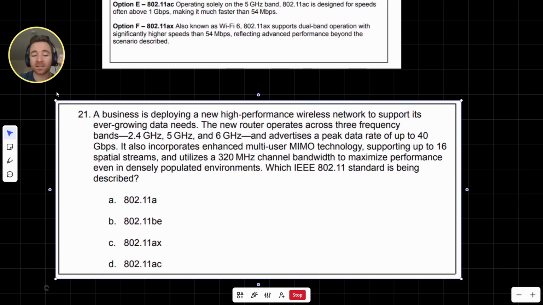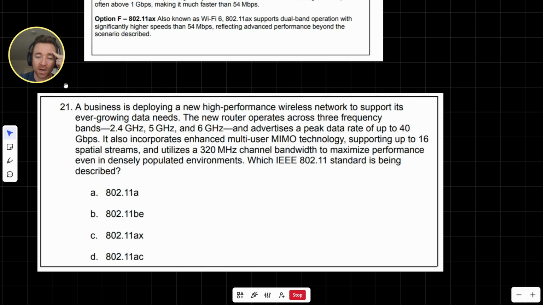a business is deploying a new high-performance wireless network to support its ever-growing data needs. The new router operates across the 3 frequency bands, the 2.4 gigahertz, 5 gigahertz, and 6 gigahertz, and advertises a peak data rate of up to 40 gigabits per second.